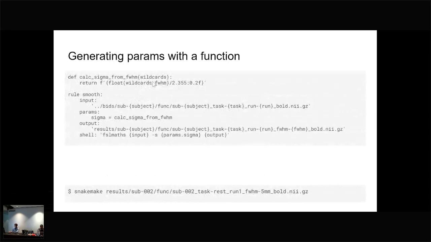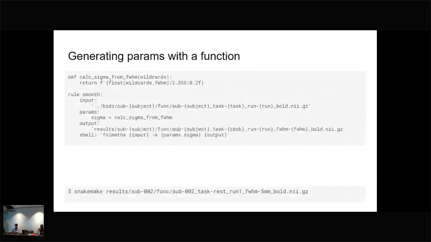This makes it, again, more generalizable, because when we're running our Snakemake command, we can put anything in this 5mm slot, and it will properly calculate the sigma we want, and run the correct command to generate our output file. So we're progressively generalizing the smoothing rule as part of our workflow.